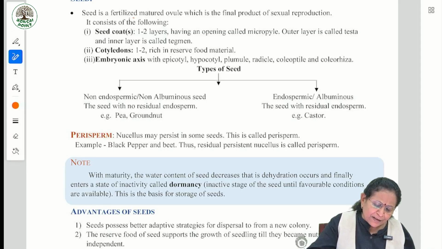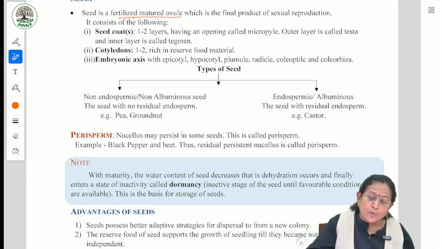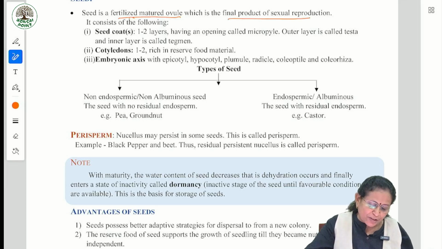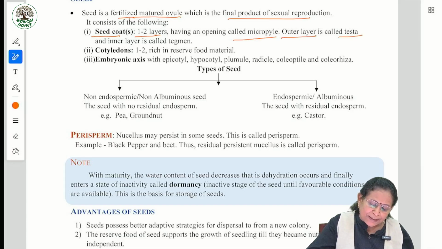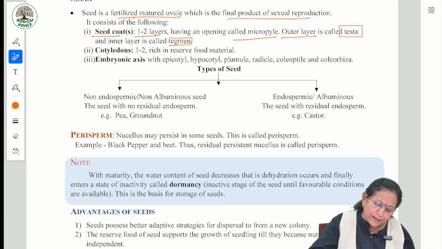A seed is a fertilized matured ovule, which is the final product of sexual reproduction. It consists of seed coats, 1 or 2 layers, having an opening called micropyle. This is additional information, I'm just brushing up. The outer layer is called testa and the inner layer is called tegmen.